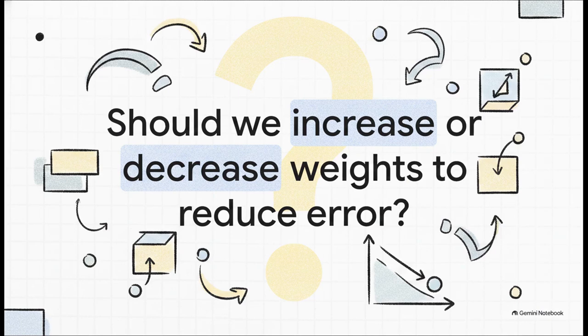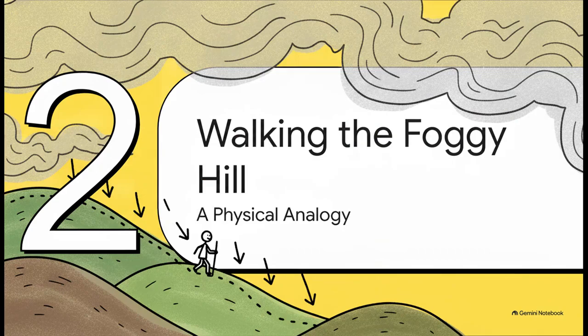Well, gradient descent automatically tackles this huge task by repeatedly asking one incredibly simple, fundamental question. Should the weights be increased or decreased to reduce the prediction error? By making tiny, calculated corrections in every single iteration, the algorithm steadily steers the model toward the best possible set of weights.